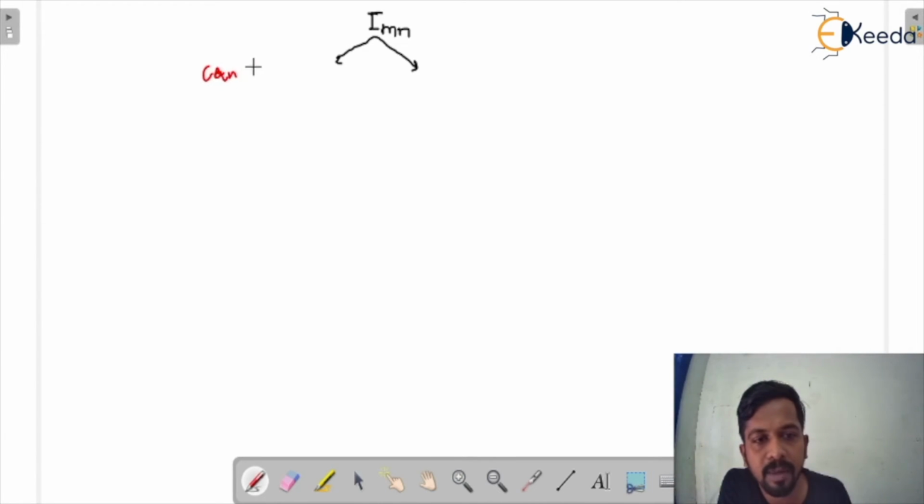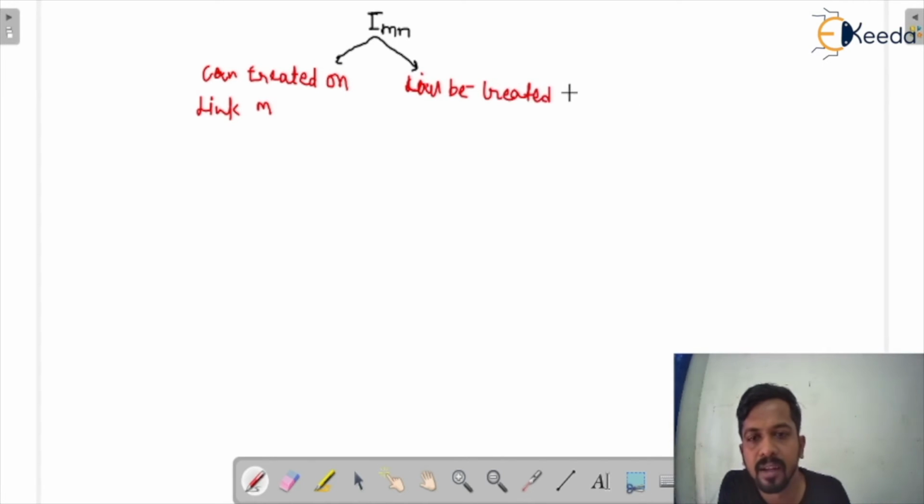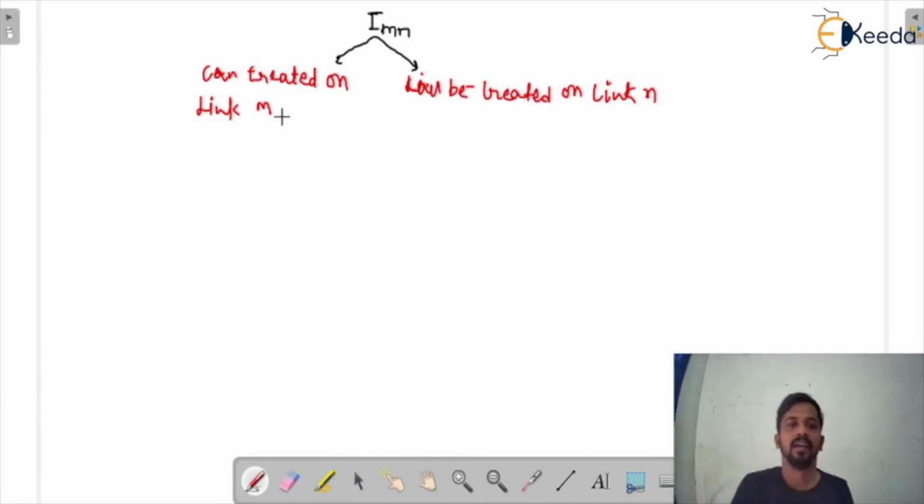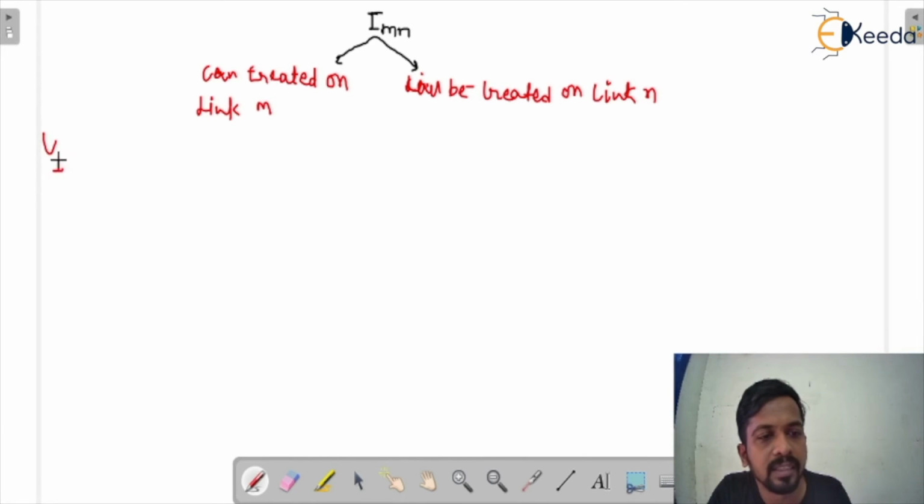So I'm going to write here that it can be treated on link M and it can be treated on link N. If I want to find the velocity of the instantaneous center IMN, V is equal to omega r. We all know that linear velocity is equal to omega r. That is a general formula you must remember.